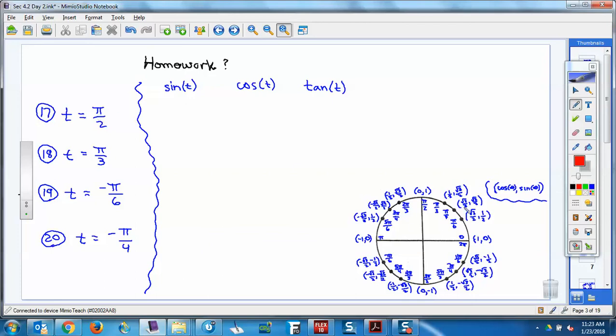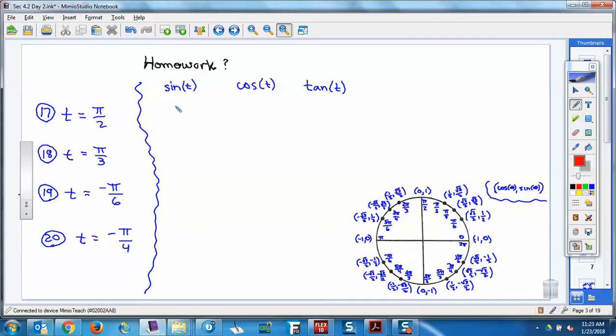So what's the sine? Here's our unit circle. What are we looking at for pi halves for sine? What do you got? 17. You're supposed to do sine, cosine, and tangent. Right? Sine is, what do you got? Root 2 over 2. No. Oh, it's not right.